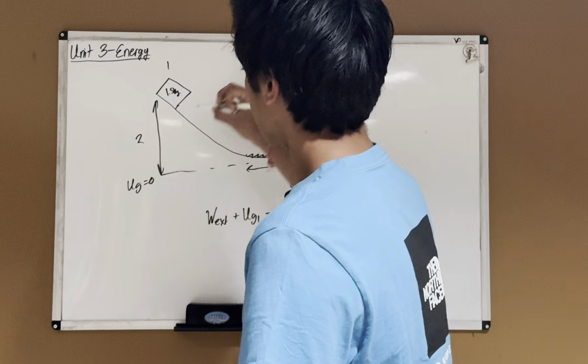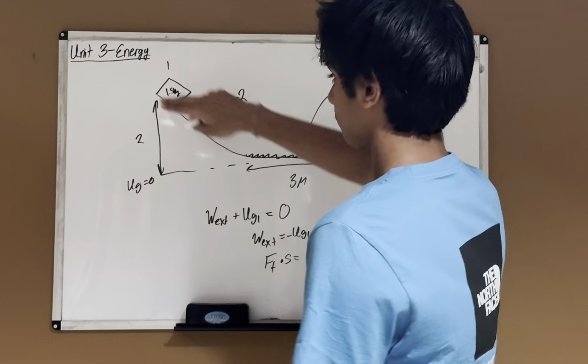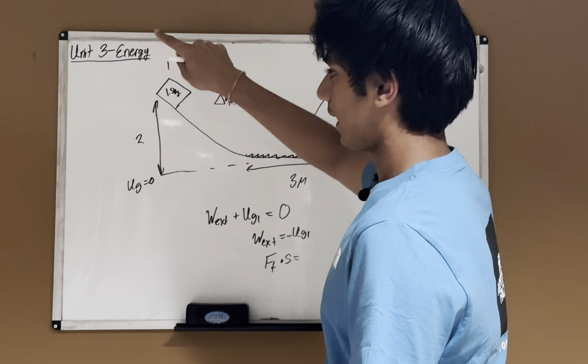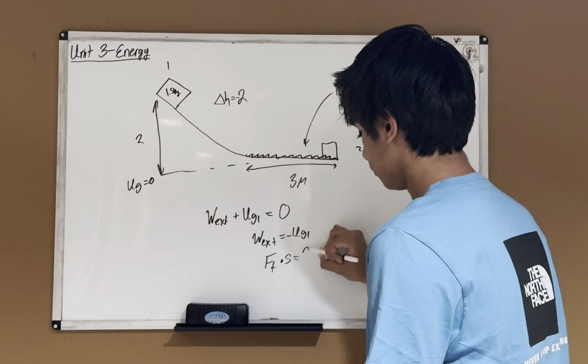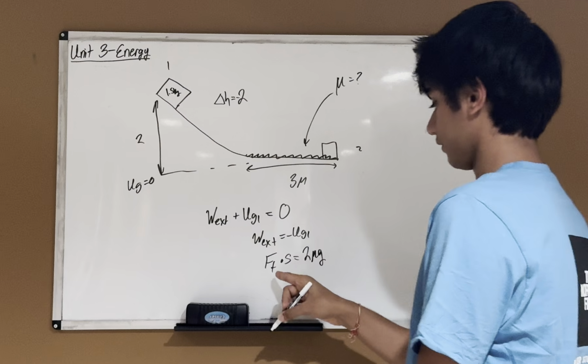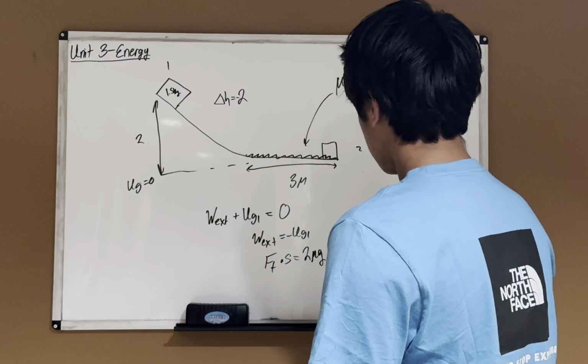So delta h in this case is negative 2 because we start from here. Our final is here is 0 and we start at 2. So delta h is negative 2. So we have that 2mg is equal to force of friction times displacement.